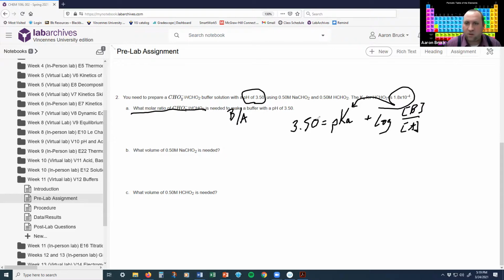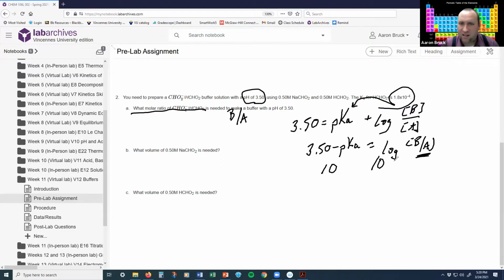So very similar to what I did, I'm going to take 3.50 minus the pKa. That's going to give me the log of the base over the acid. And then if I take the antilog of both sides, I would get just B over A.